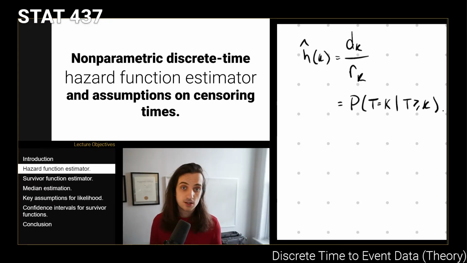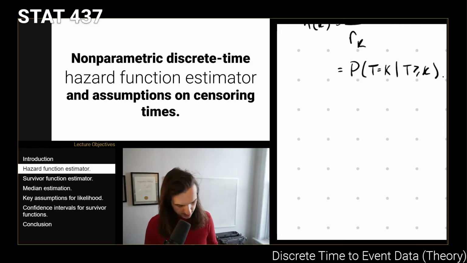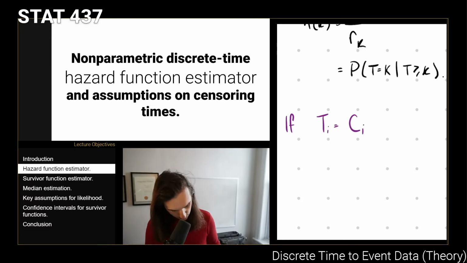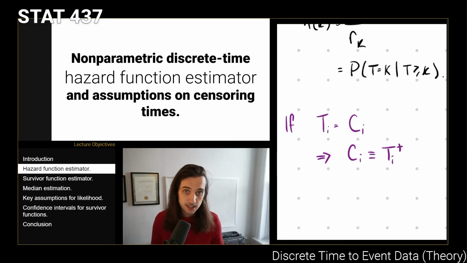So we still observe the event. The way that we're typically going to write this is, if ti equals ci, then we define ci to be equal to ti plus, where that's just some time point, the instant after ti.